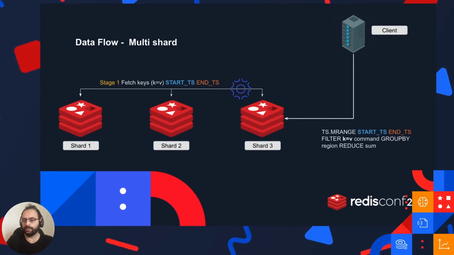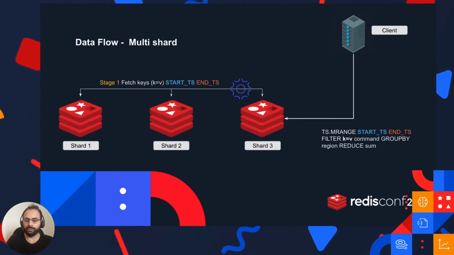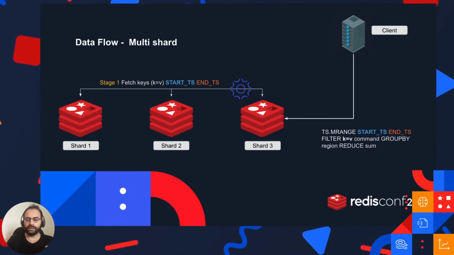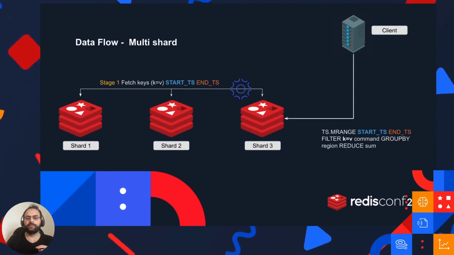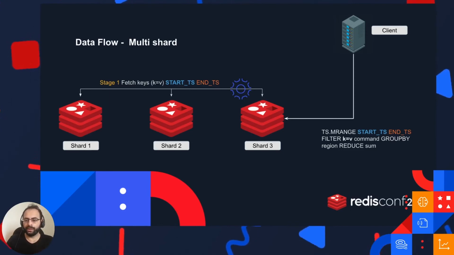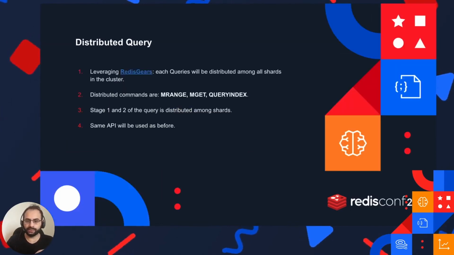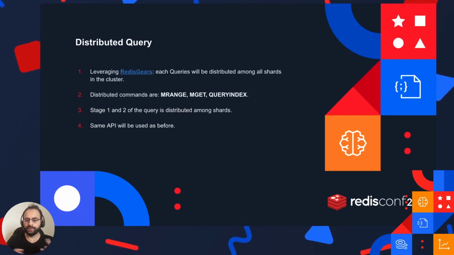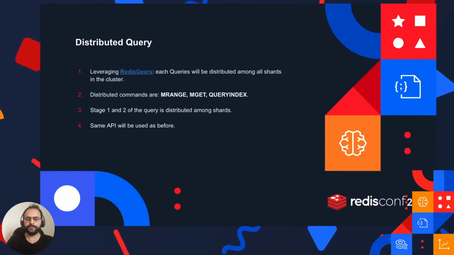So it doesn't matter which shard you pick to do the query. Each shard that is loaded with Redis Gears and with RedisTimeSeries can be queried with mrange, mget or query index. Those 3 queries are distributed across the cluster.